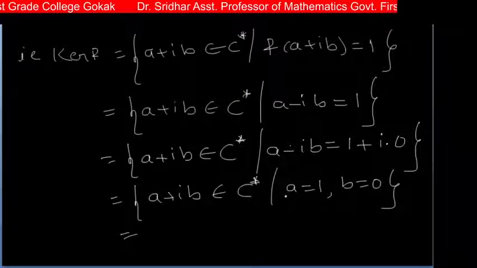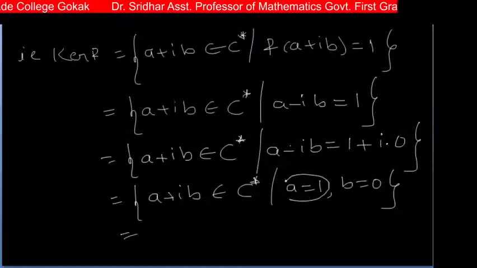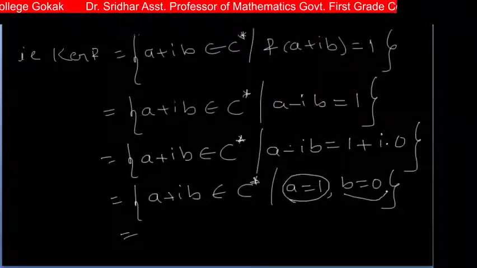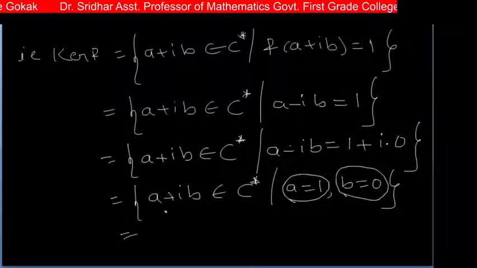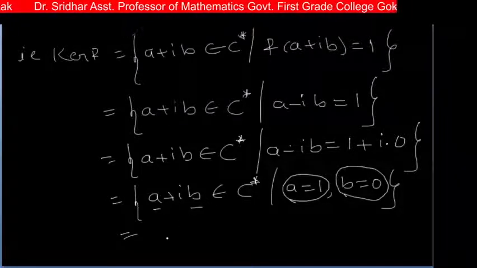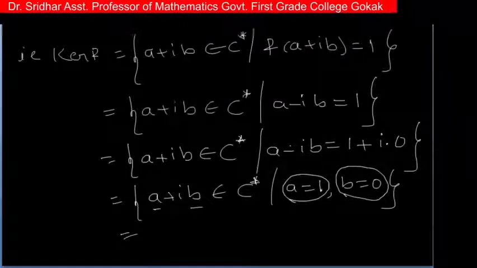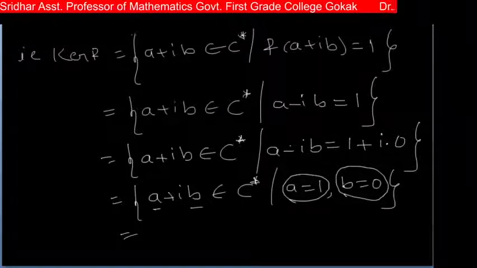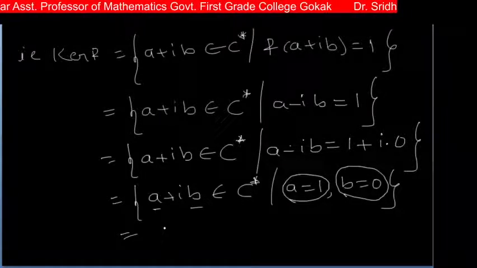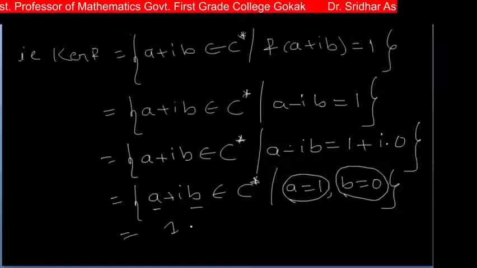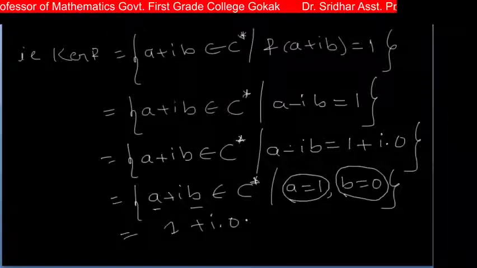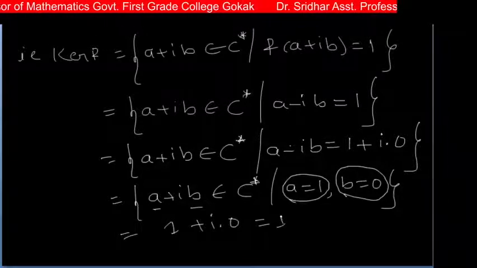Now substitute a is equal to 1 and b is equal to 0 here. So what you will get? This is equal to 1 plus i into 0, so you will get this equal to 1.